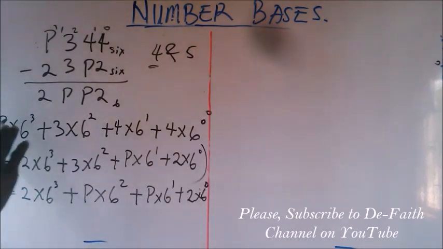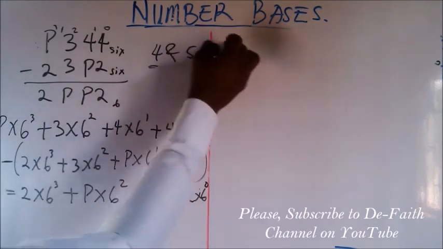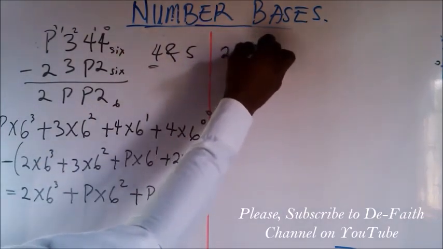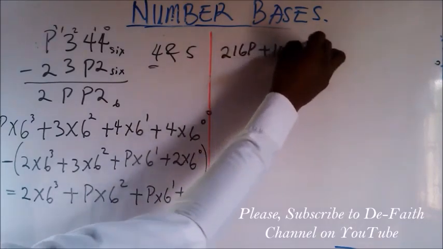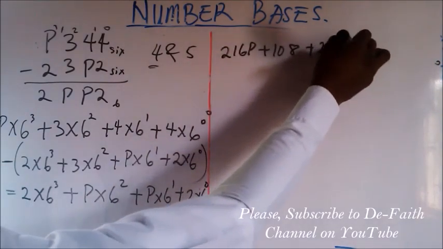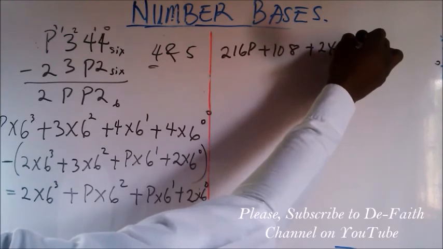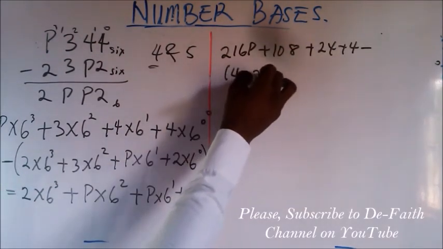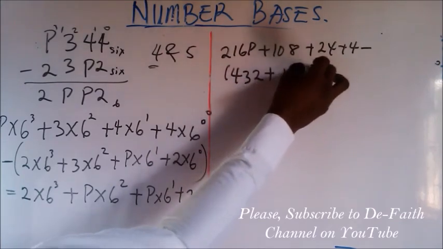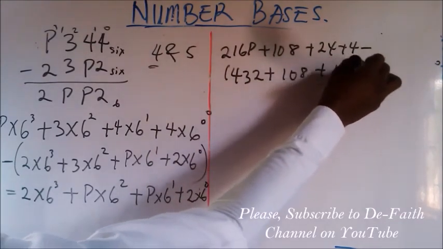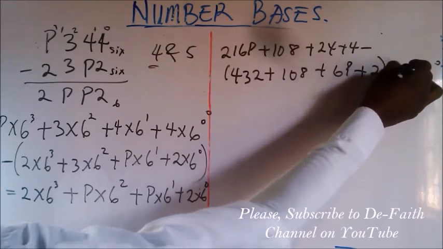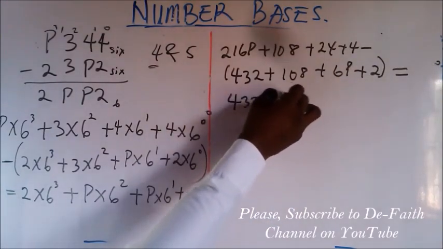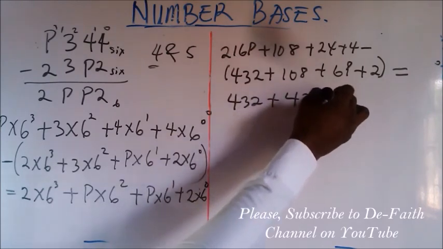So if we solve everything over here, we would have 216P plus 108 plus 24 plus 4, minus into brackets 432 plus 108 plus 6P plus 2, all equal to 432 plus 42P plus 2.